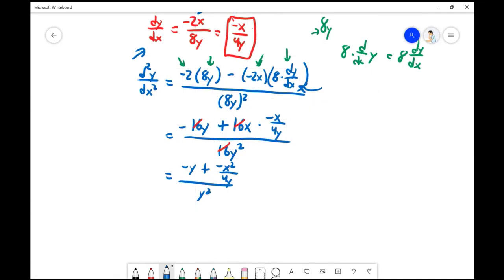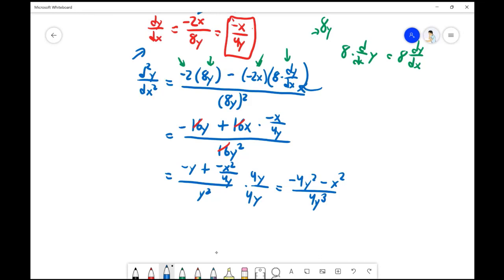Again, you can multiply to get rid of fractions. You multiply by 4y, and then you should get negative 4y squared minus x squared over 4y cubed.